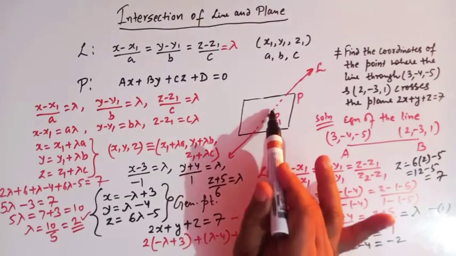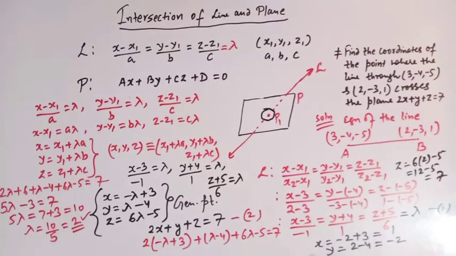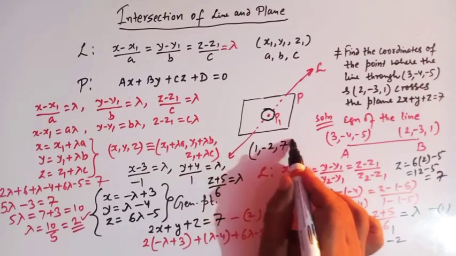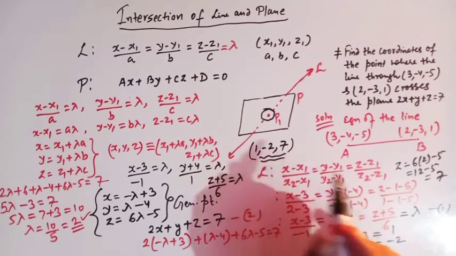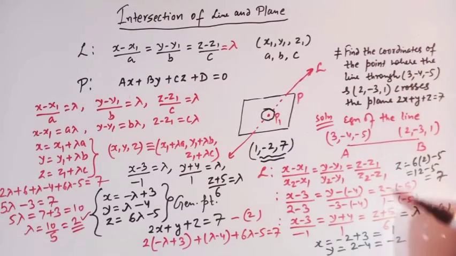So this point of intersection of the plane and the line is given by 1 comma minus 2 comma 7. So this is the required coordinate of the point of intersection of this line and this plane.